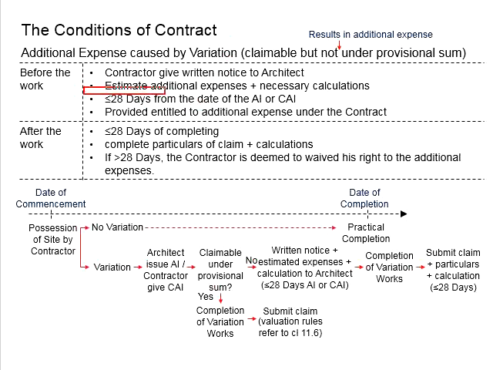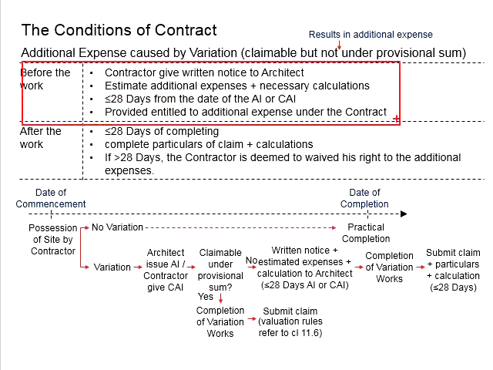This needs to be given within 28 days from the date of the architect's instructions or the confirmation of architect's instruction. Of course, this is provided that the relevant work is entitled to additional expenses under the contract.